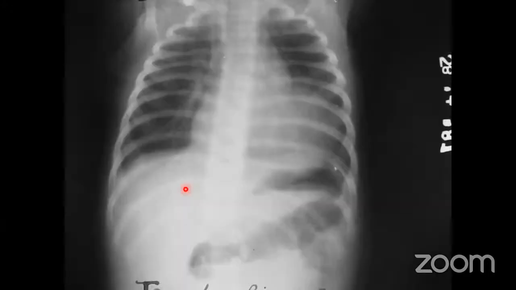Here, this is again an enlarged heart. This is the pulmonary plethora, and there may be some pneumonia over here in the right lower zone. So this is a case of ventricular septal defect with Eisenmenger complex with pneumonia. Here, I'm showing you because you have seen the boot-shaped heart.